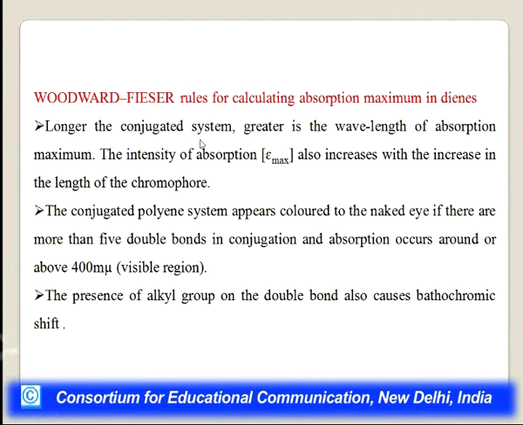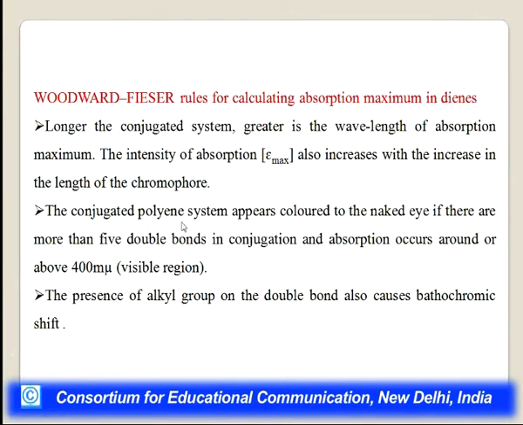Another is the Woodward-Fieser rule for calculating absorption maximum in dienes. The first rule is, the longer the conjugated system, the greater will be the lambda maximum. The intensity, epsilon maximum, also increases with increase in the length of the chromophore.